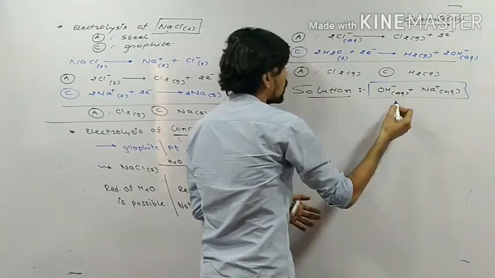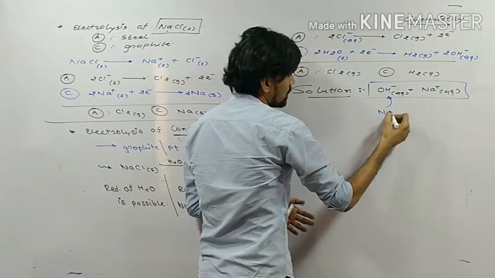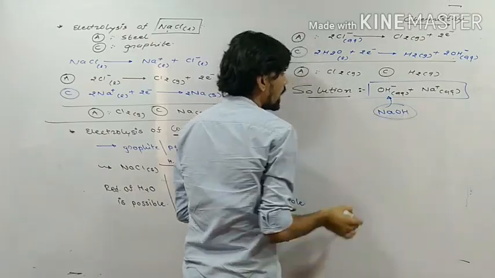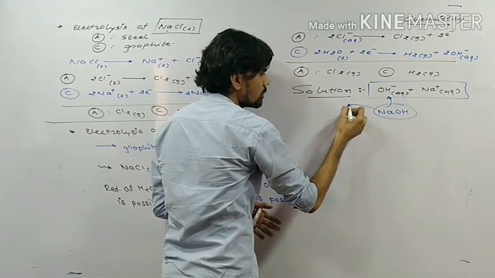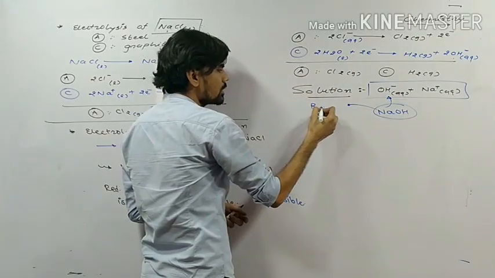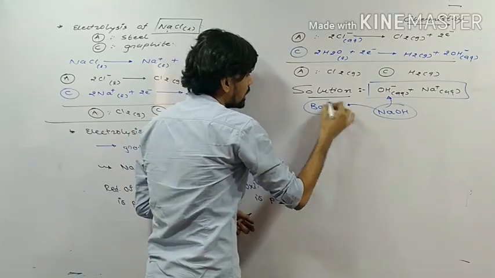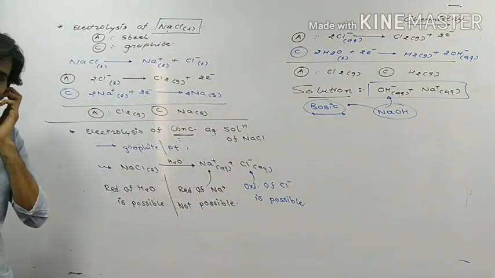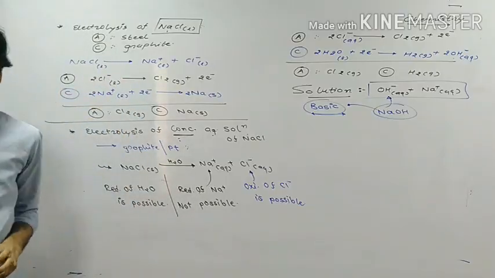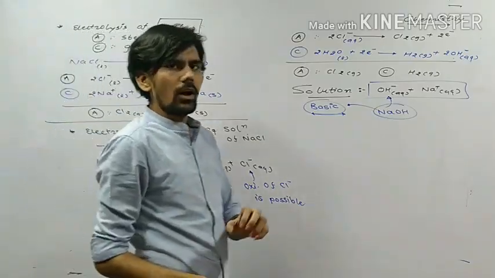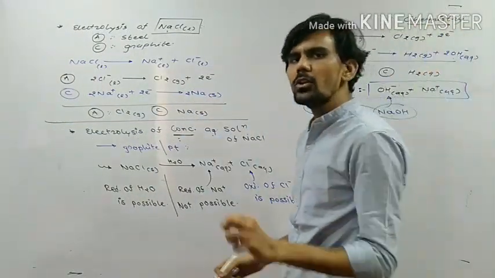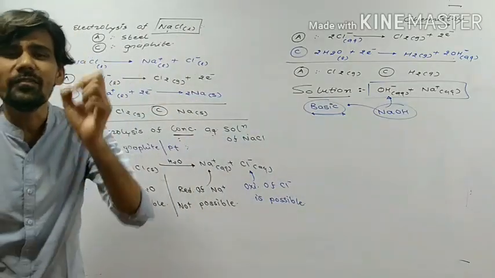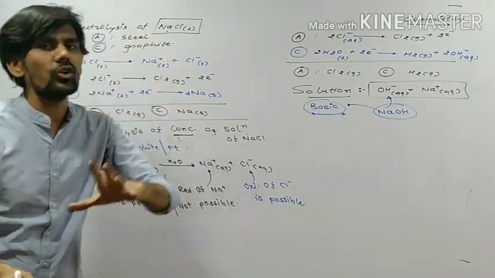Na+ aqueous and OH- aqueous will give NaOH, and with the help of NaOH, the solution becomes basic after electrolysis. So you can see that the product of electrolysis is based on the concentration of that electrolytic solution.